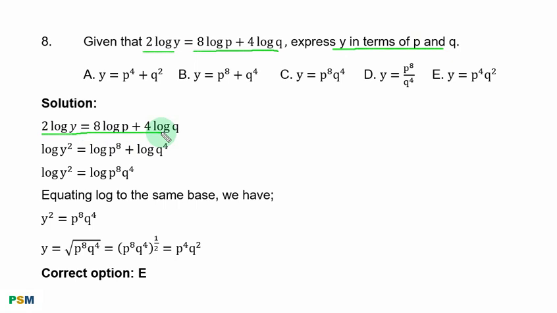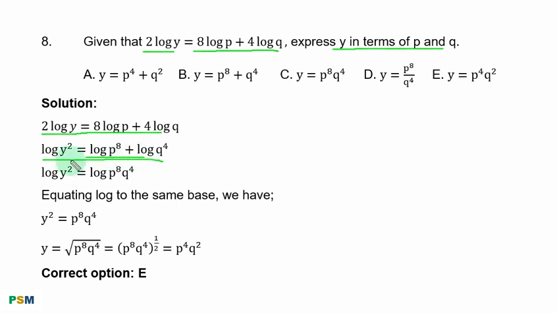In order to apply the laws of logarithm, the coefficient of the log is always 1. So by power law, you can take 2 to become power to y, 8 power to p, 4 power to q in this form.